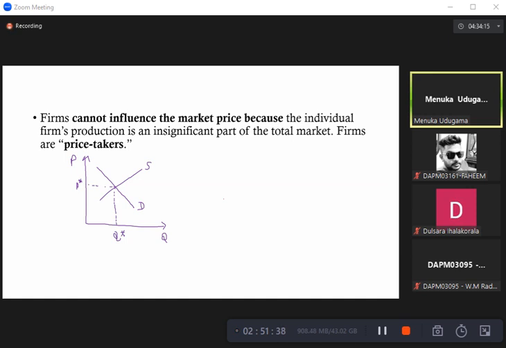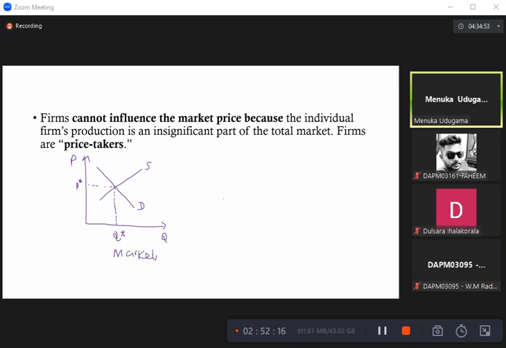Right. So if all 100 of us, let's say, are in this market selling paddy, we set the price together as a market, because the supply and demand forces, it's not like you talk and decide, but the supply and demand forces will determine the price. This is the industry, it's called the market. It's the market where we all sell our product.